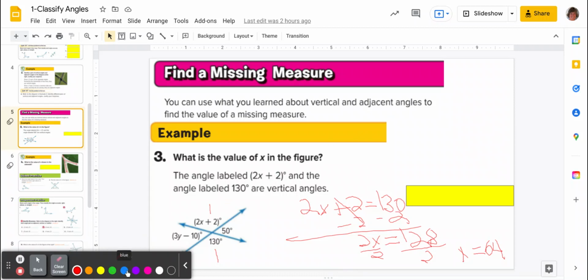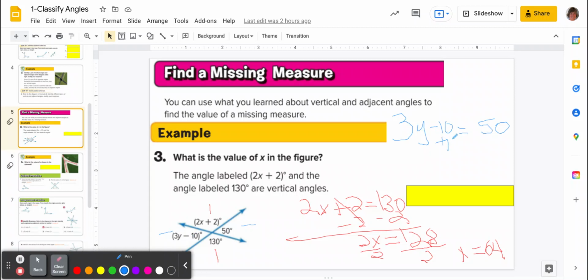Okay, so looking at the y, we'll do this one up here. We know that 3y minus 10 equals 50. Why is that? Well, we know that 3y minus 10 is vertical to 50 degrees. And if they are vertical, they are exactly the same measure. So we know that 3y minus 10 equals 50.